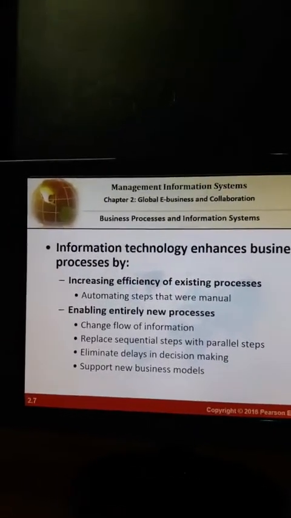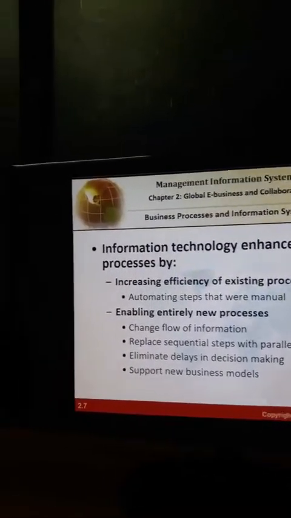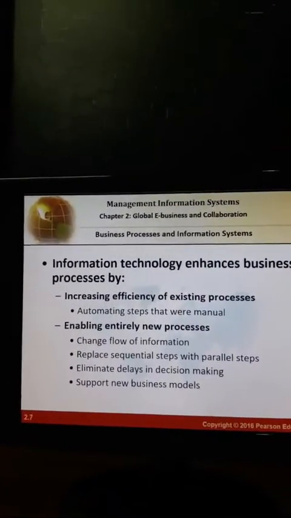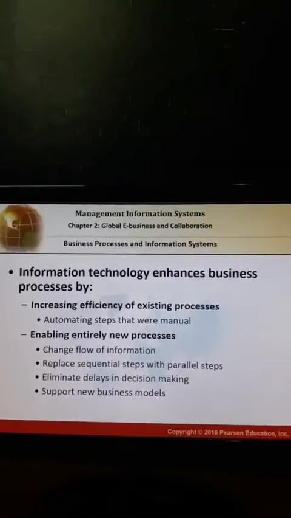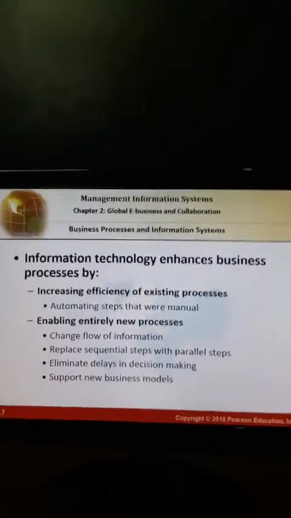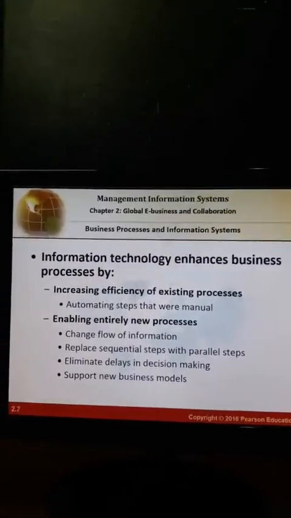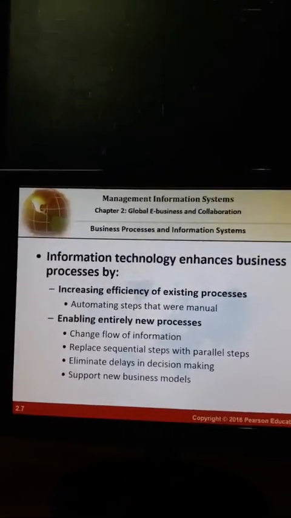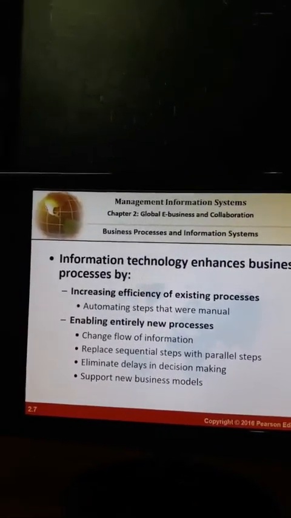There is no classroom, no place barriers. Anybody can join. But in the case of the existing process, suppose previously you were not using the projector. Now you are using a projector. So when you are using a projector, we call this increasing efficiency of existing processes.